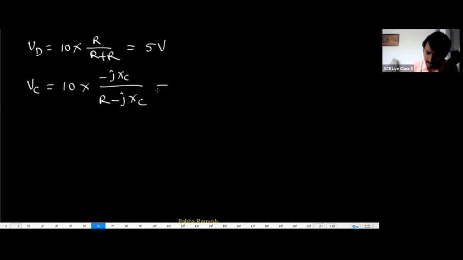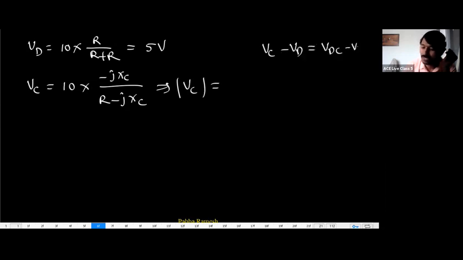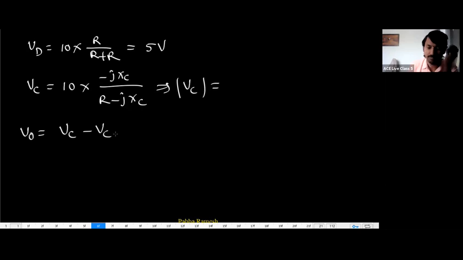Here I'm writing like this: VC magnitude. Why? As I told you, you can take VC minus VD or VD minus VC, anything you can take. So that's why you can write magnitude like this directly, right? Otherwise, V naught equal to VC minus VD.